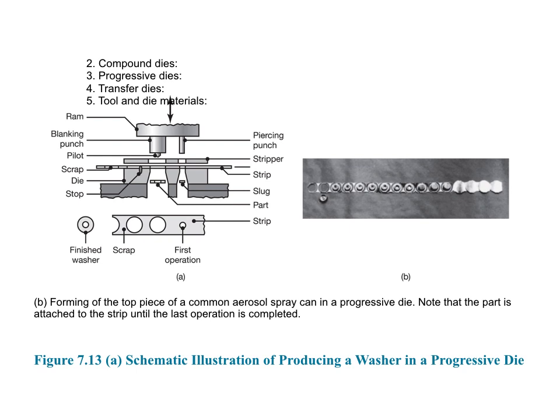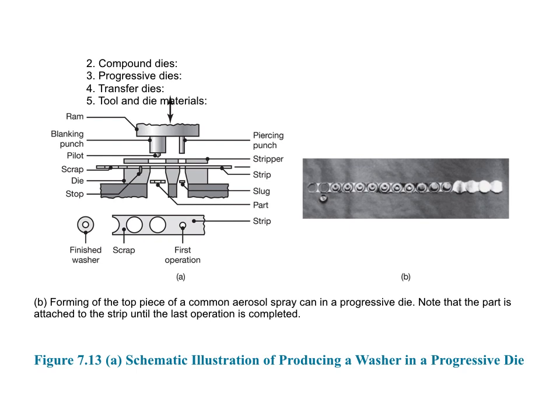In the first step you get a hole, and then you get a blanking operation and you finish the washer. The other part, B, is a forming of the top piece of a common aerosol spray in a progressive die. Note that the part is attached to the strip until the last operation is completed.